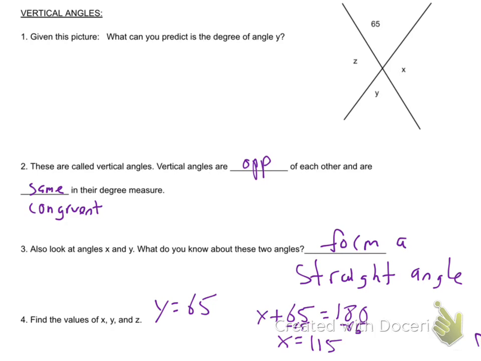Now wait a minute. But x is supposed to equal z. So x and z both equal 115, and y is equal to 65. So you have to know your vertical angles and your straight angles, or the sum of any straight angle or angles that add to a straight angle equal 180. Questions?